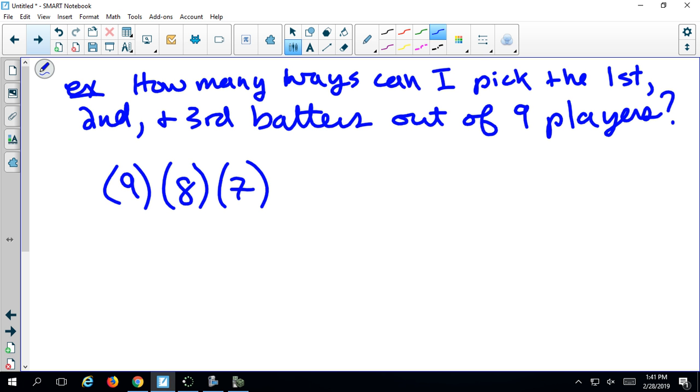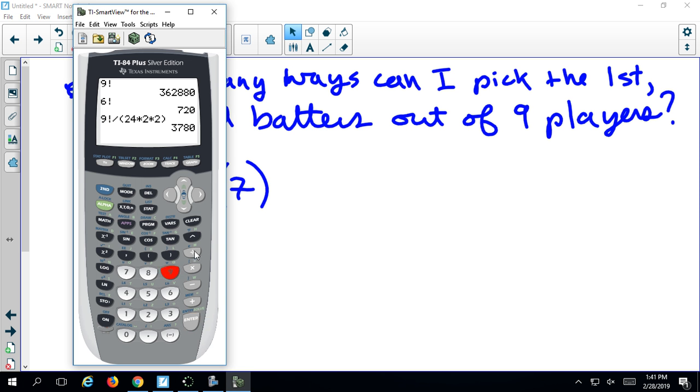I don't keep going all the way to the end. Does that make sense? I stop there because I'm not picking the rest. I'm just picking the first 3. So 9 times 8 times 7.